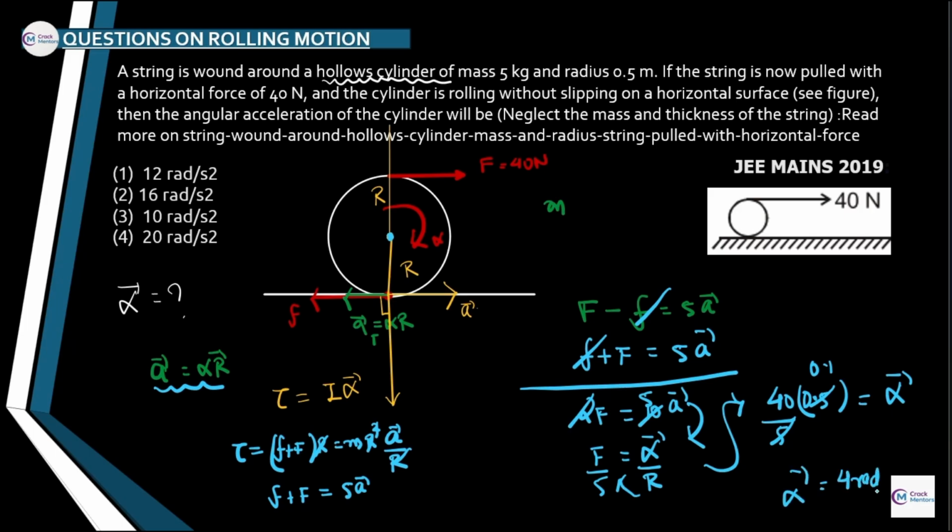Just give me a sec. Did I do something wrong? Let me check from right here. We can use this relation as well to get the answer. Force is equal to mass into acceleration. 40 upon mass, which is 5, that is acceleration, 0.5.